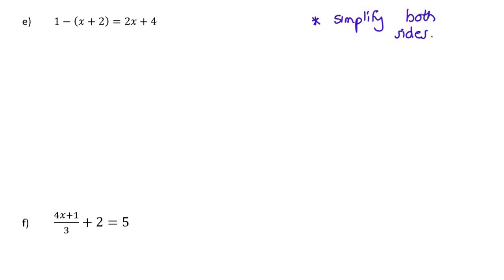Now when we say simplify both sides, we've got to remember our steps from simplifying. Now our steps from simplifying were divide into terms. So you'll see how everything we've done so far this year kind of builds and the skills build. So if I look at my left hand side, most importantly I need to divide into terms. So that 1 is all on its own.